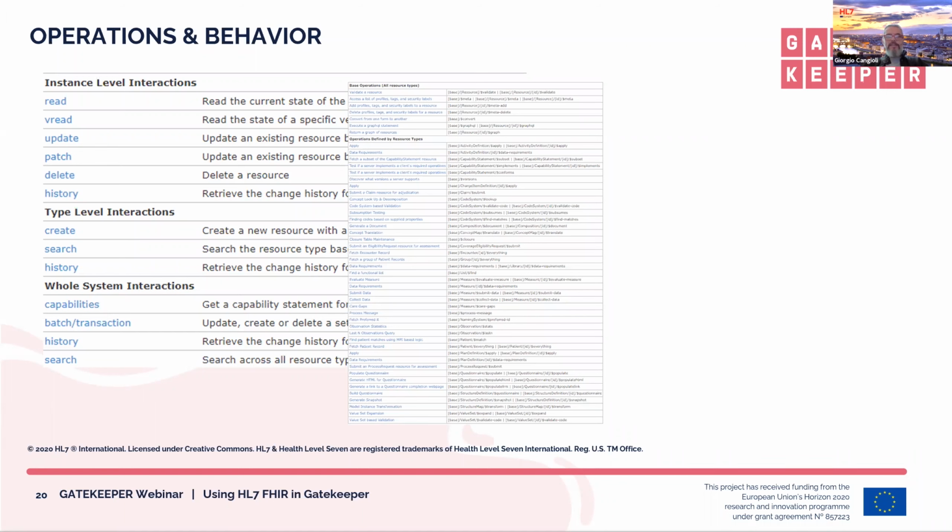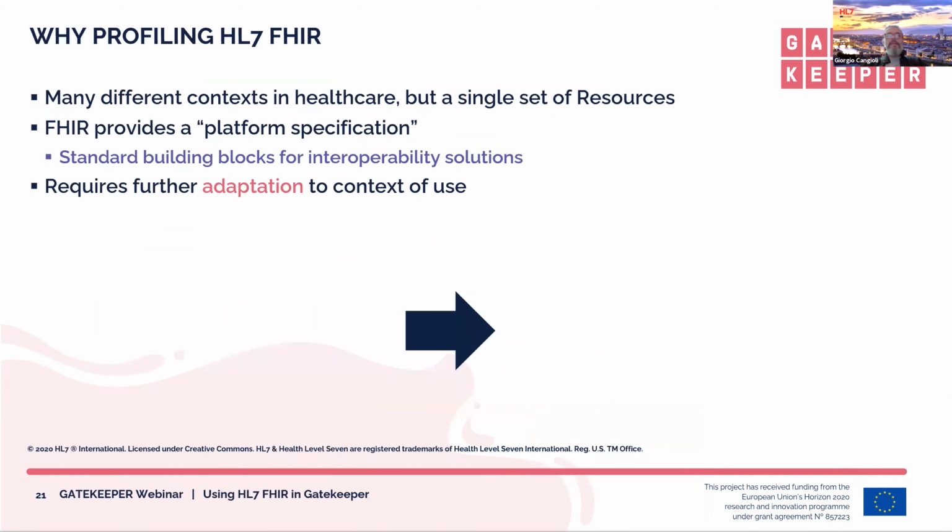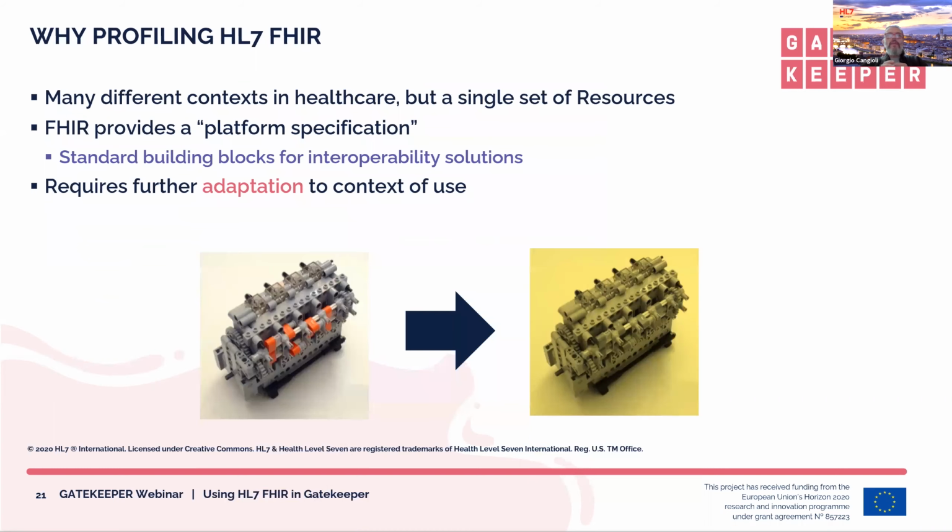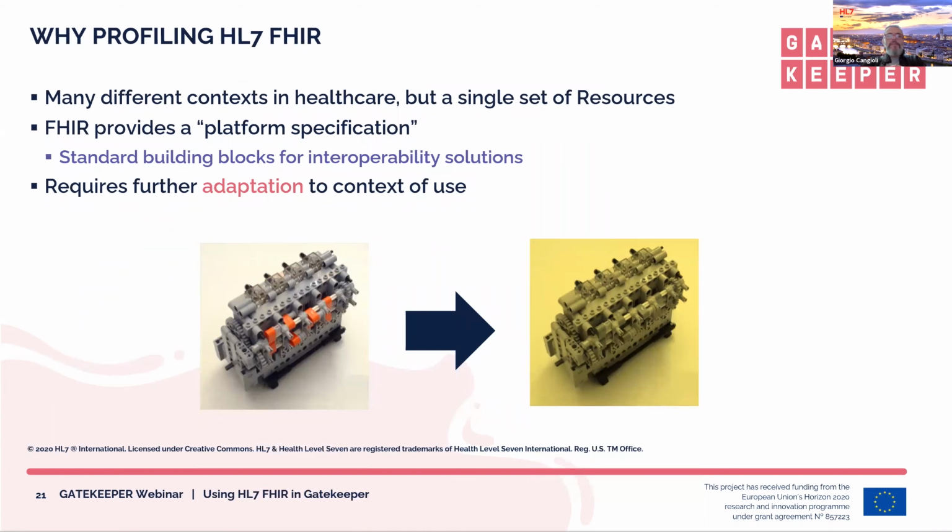It's unlikely that a server supports all these possible combinations. So it's important to describe exactly how a specific implementation, a specific environment, a specific data space, what are the rules that need to be applied, what are the constraints that need to be applied to the base standard.